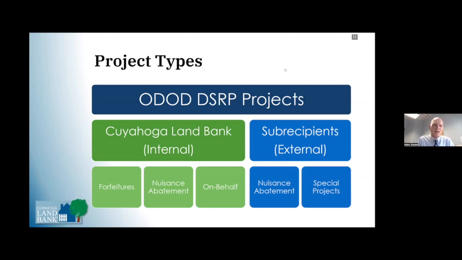Within our internal projects, there are 3 really different types of projects. There are forfeitures, so state forfeitures. There are nuisance abatements, which I'll talk about a little bit, and other demolitions that we do on behalf of partners. And then subrecipients, for this round at least, there are really 2 types. There are nuisance abatements and special projects.